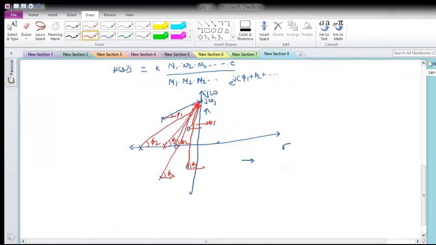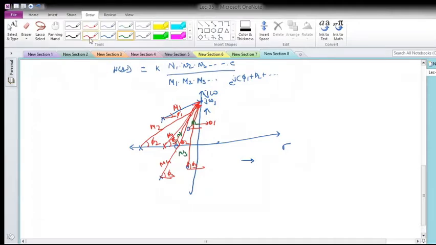Okay, so the magnitudes for these poles are m1, m2, m3, m4, and the magnitudes for the zeros are, let's say, n1, n2, n3, etc., and the angles I already know.